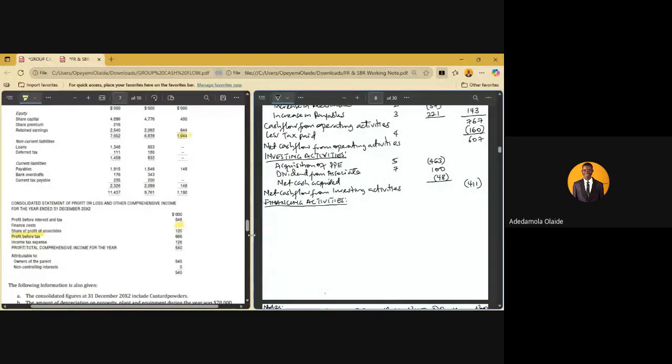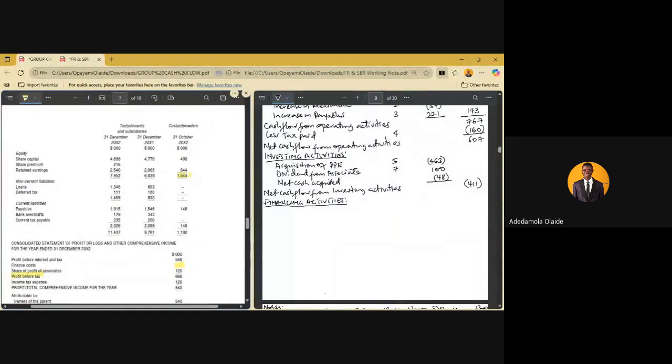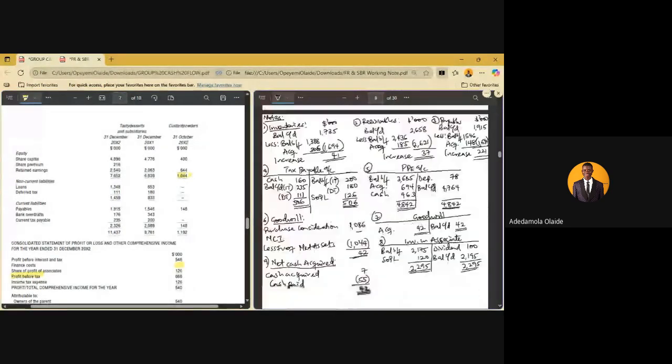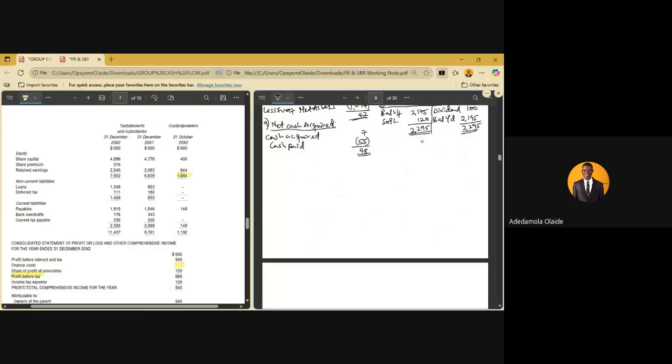We go to the equity section. The share capital was 476 at the beginning of the year. Now 4896. How come? Did they sell shares? Note 10. Share capital account.